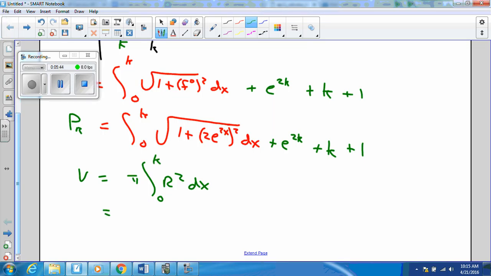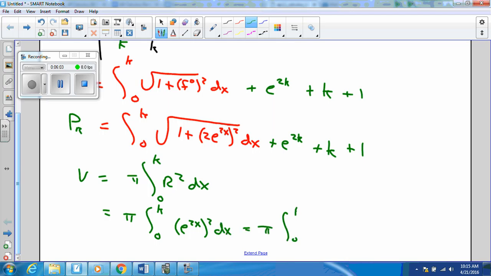And I'm going to integrate that from first x to last x, which is k. So here, Lydia, would be a case where it's fairly obvious that I would need to substitute for r in this particular case, even if they didn't have me simplify it.